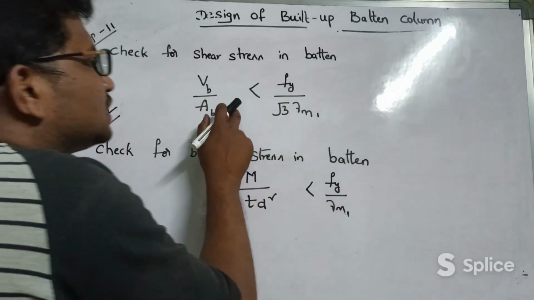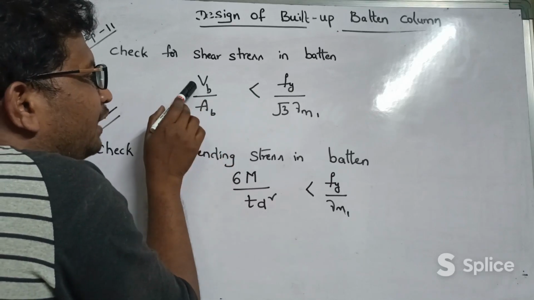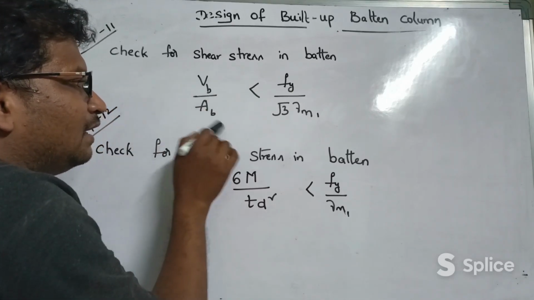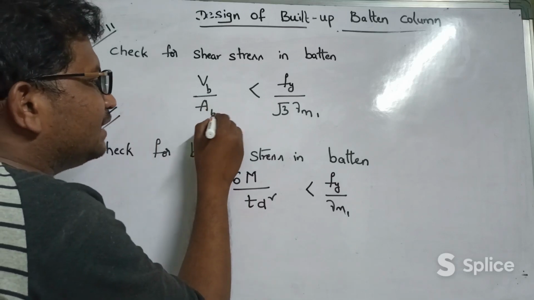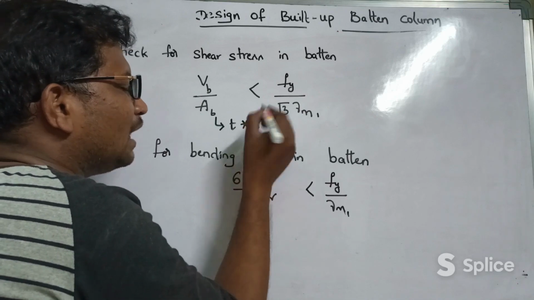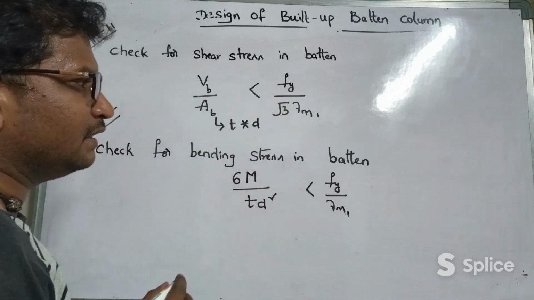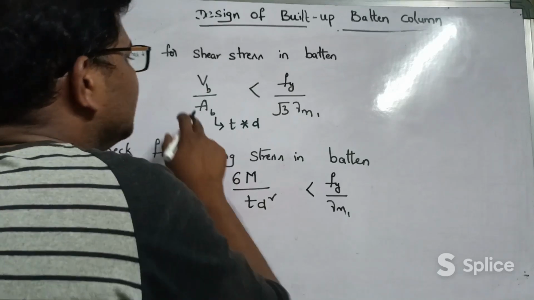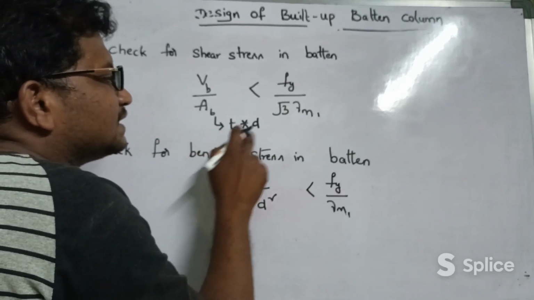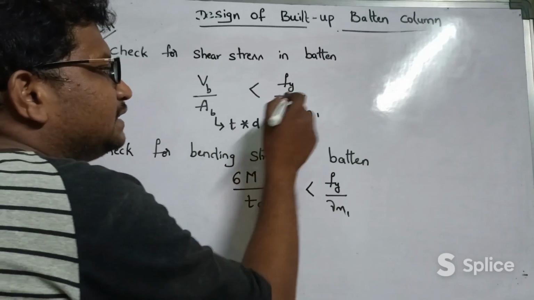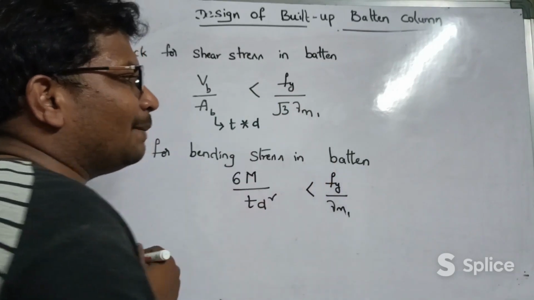How can we check the shear stress? VB, shear force in the batten, by area of the batten. Area of the batten is nothing but T into overall depth, T into D. Okay, area is equal to thickness into depth. VB by AB should be less than Fy by root 3 gamma m1.